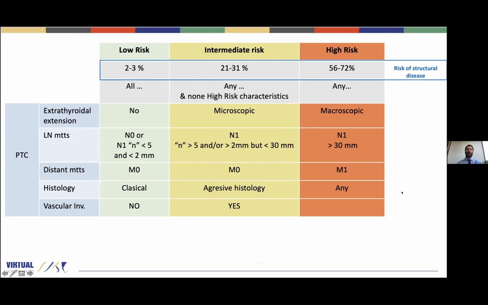If they have them, they are high risk. We have to know what the histology is. If it is classical, it's low risk, and if we have aggressive histology, the patient is at an intermediate risk. And also the presence or absence of vascular invasion, and vascular invasion means blood vascularity and not lymph node vessels.